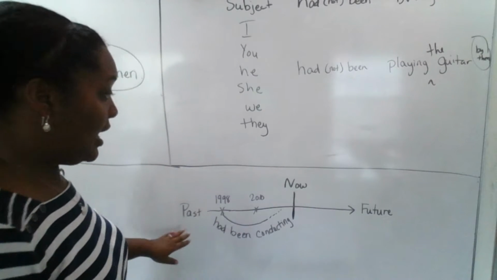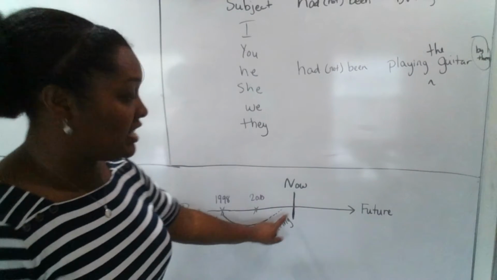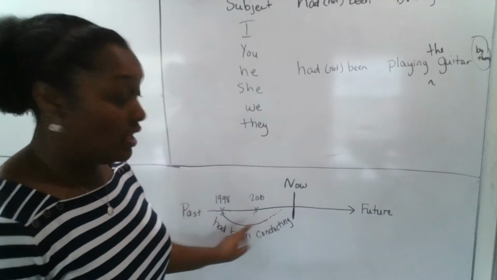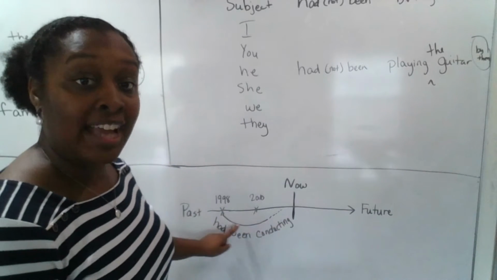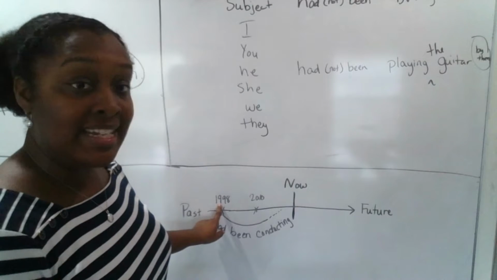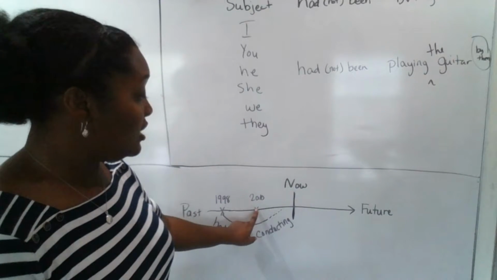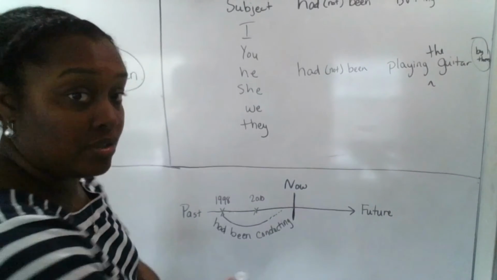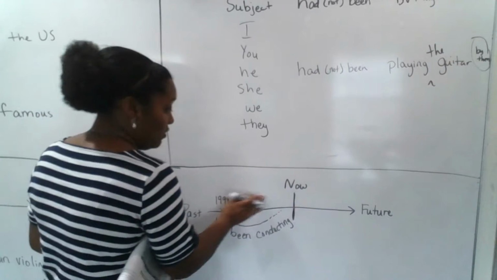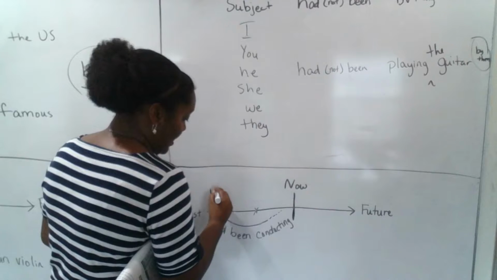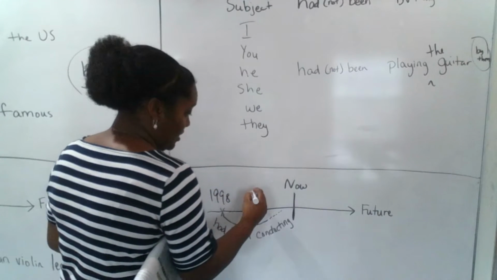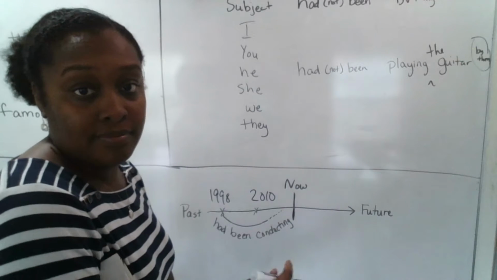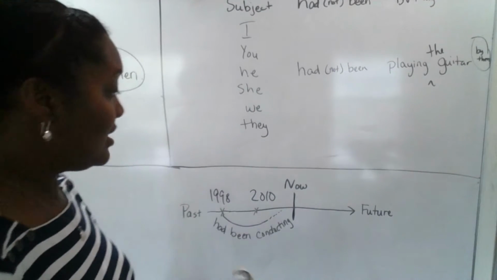It means that there's one continuing action. In this case, we're going to say had been conducting. There's one continuing action that starts at 1998, and there's another point, 2010. I don't know if you can see it; it might be a little too small. This one is 1998. This one is 2010. So there are two points. Let's look at the sentence.